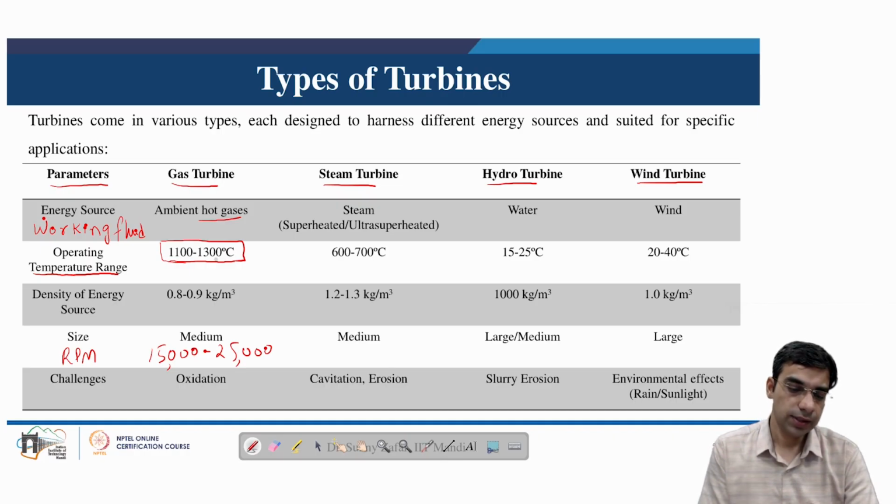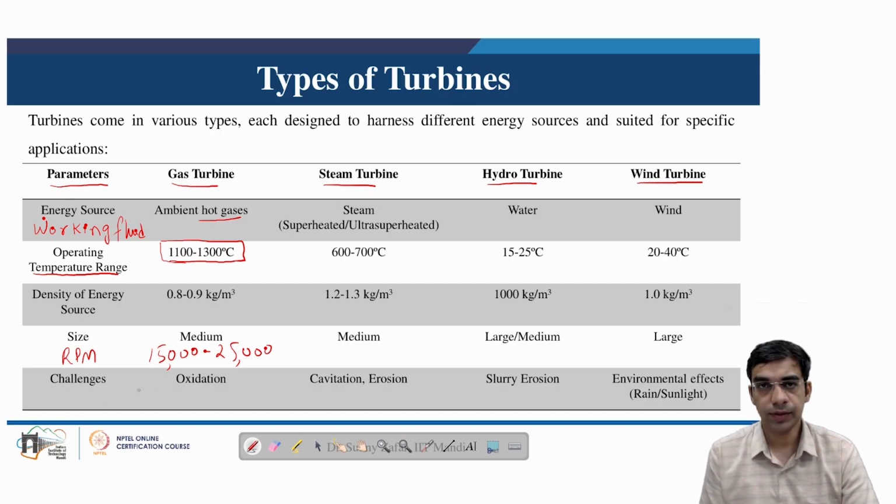Now, because of these operating conditions of high temperature, there are specific challenges in operating the gas turbine, which involve oxidation, creep, and fatigue.